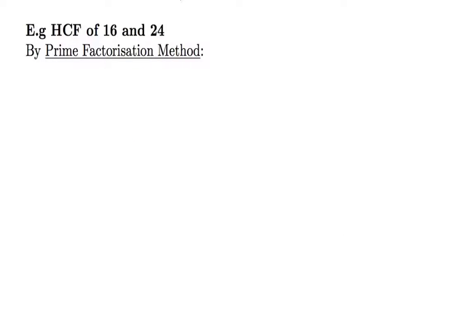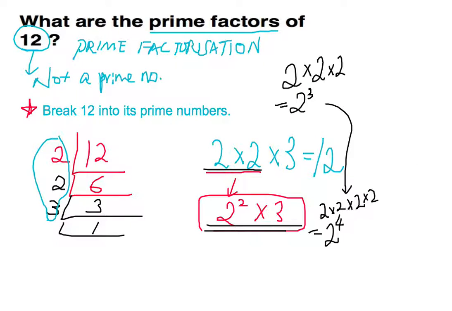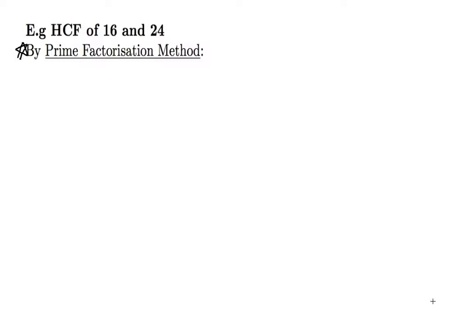So here I will show you how to do it by the prime factorization method. Remember in episode 1 we did prime factorization. We did the prime factorization of 12, where we broke 12 down to its prime factors, correct? So we'll do similarly again. 16, we will break it down to its prime factors. So we have 2 times 8, right? 2 times 8 can be broken down to 4 times 2.